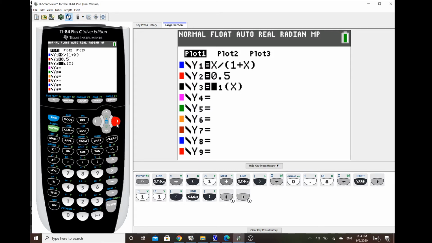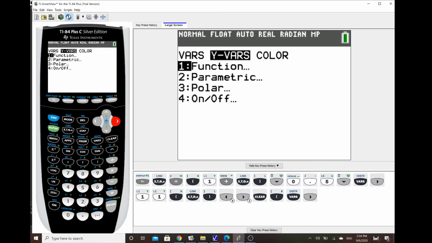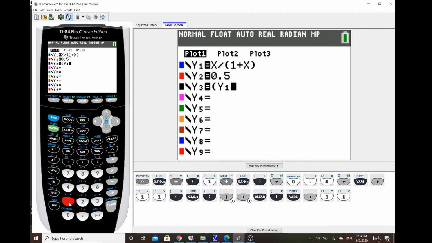Okay, so let's start this one over again. Open parentheses, vars, y vars, function, y1, and then parentheses, x, close parentheses, minus, again, y2 is considered 0.5 because that is just the initial position for the y value.